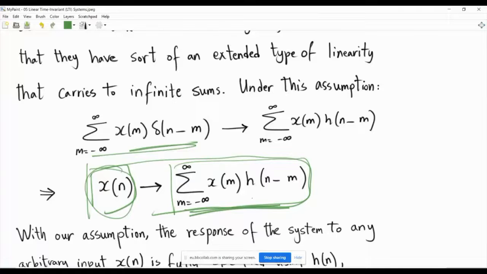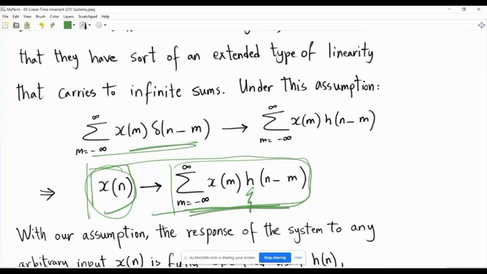This is interesting because it tells you that for an LTI system with this extended linearity, if you just know h of n, how the system responds to a discrete time delta, you can use this h with any arbitrary input to compute the output of the system corresponding to that input. So this is very powerful.